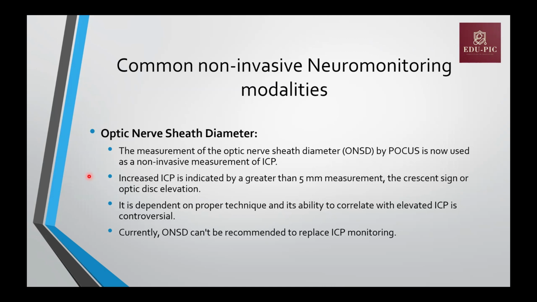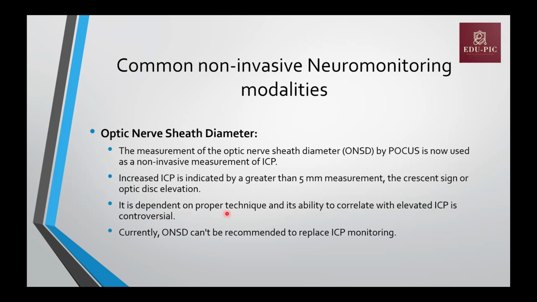So nowadays we're trying to use ultrasound to actually get that picture and to measure the optic nerve sheath diameter, and using that measurement, we're trying to non-invasively assess for increased intracranial pressure. And it's indicated up to now with the readings that we've got from adult evidence base that anything greater than 5 millimeters would be taken forward as a sign of increased intracranial pressure.